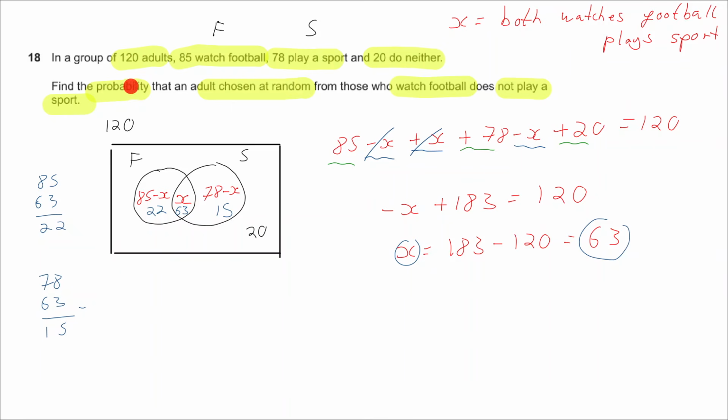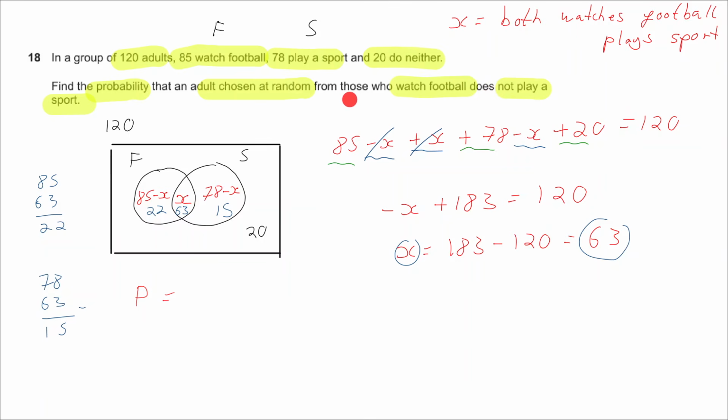Now the question is saying find the probability, capital P, that the adult chosen at random, from those who watch football, does not play a sport.